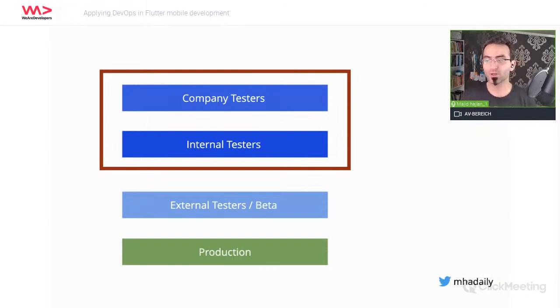As a developer, we may have customers like our company testers, our internal testers, and our product owner may have another customer, maybe external customer testers. And maybe at the end of the day, we have a production app that we want to just ship to our end user, right? These are different groups of our end user in a company that we usually work with, right?